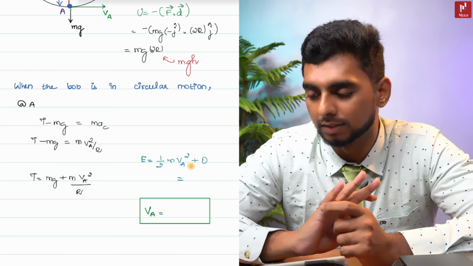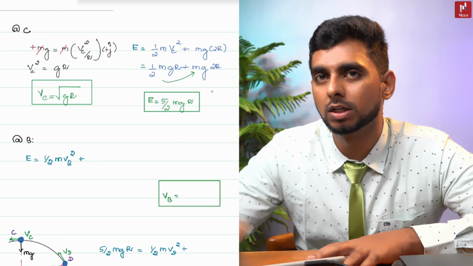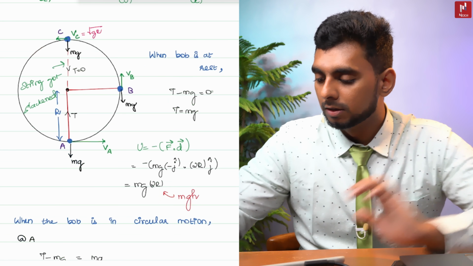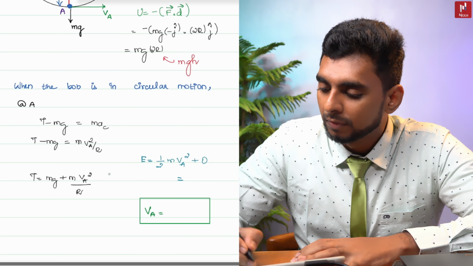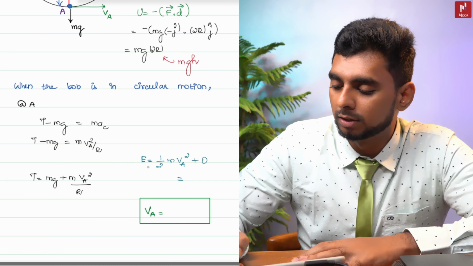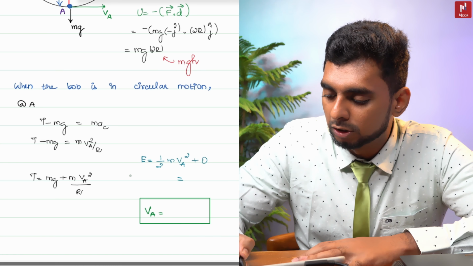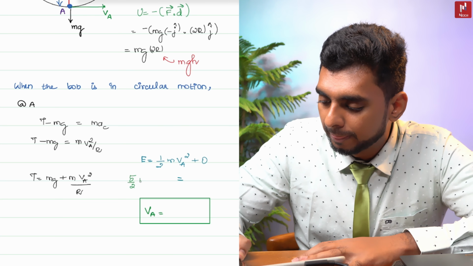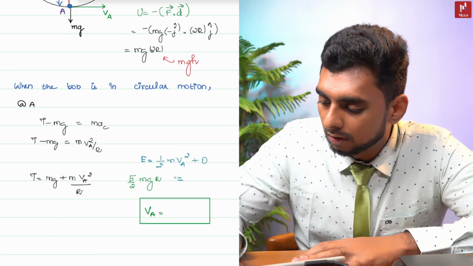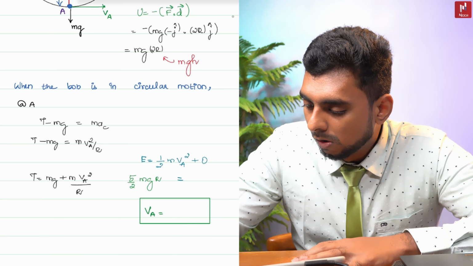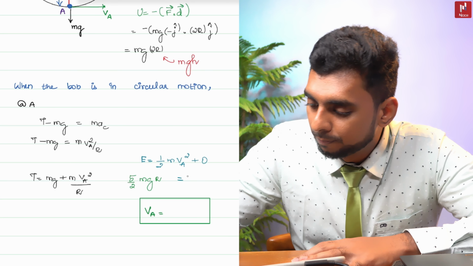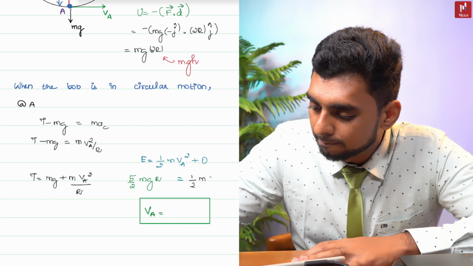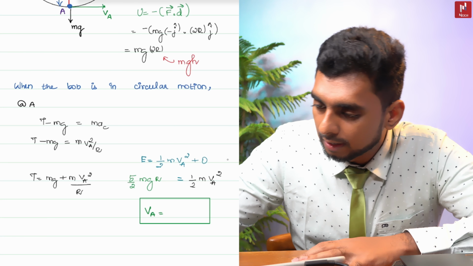So now I have got the total energy, which is 5 by 2 mgr. If I substitute this total energy, in whatever position it is, this 5 by 2 mgr is not going to change. Got it? So here if I substitute E for the point A, I'll be able to substitute 5 by 2 mgr. That will be equal to half m va square, right?